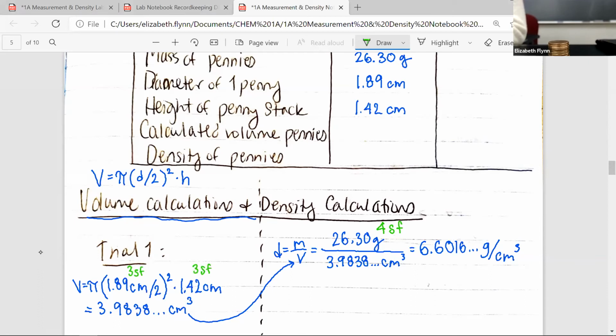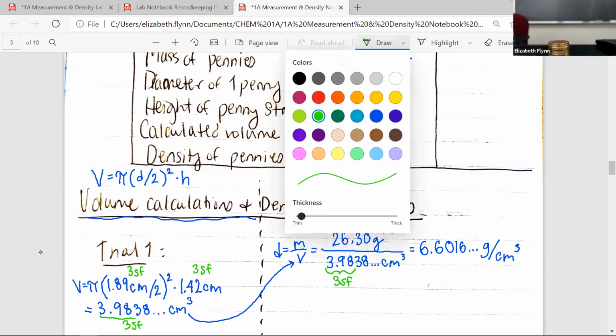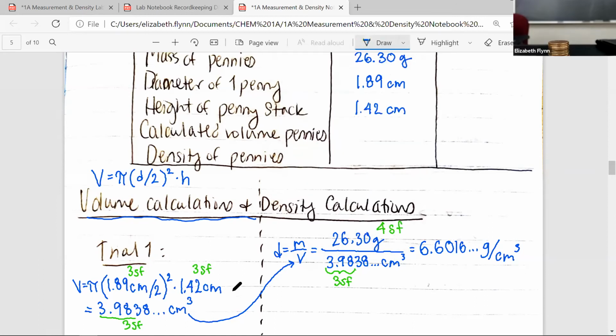So we should also keep 3 sig figs. So this number should have 3 sig figs. We just haven't rounded it yet so that we don't introduce rounding error. And so our final answer should also have the fewest significant figures, so 3. So 6.60 grams per cubic centimeter.